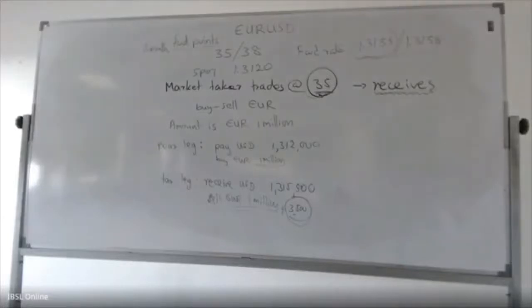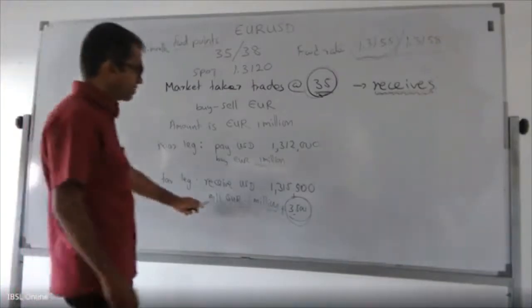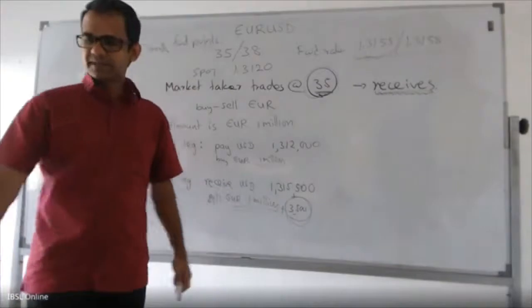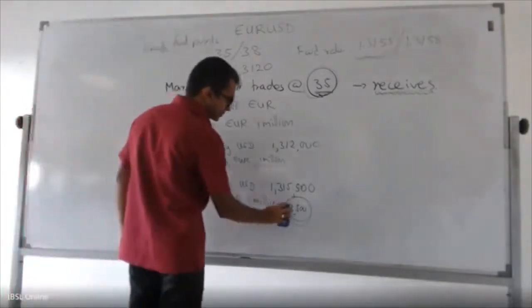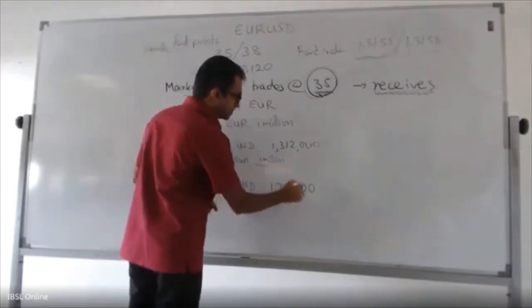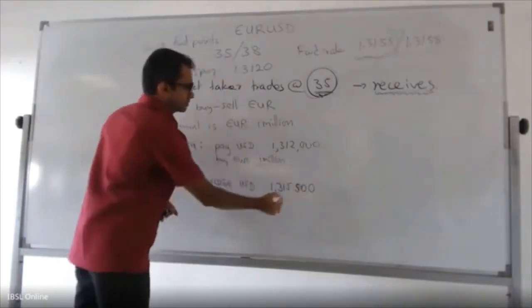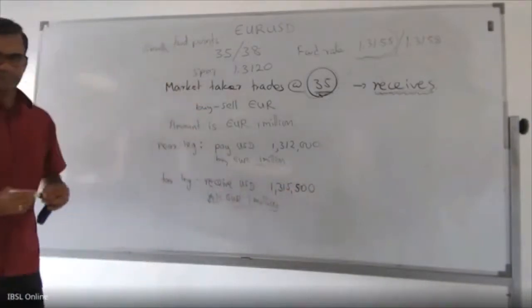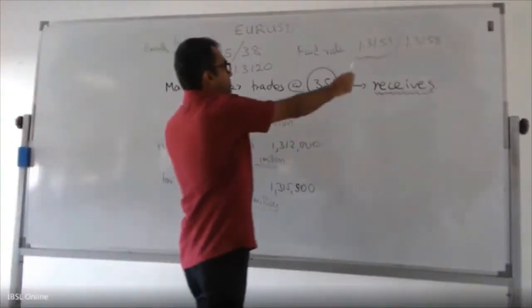What's the applicable rate? You sell euro 1 million. What's the applicable rate? 1.3155.